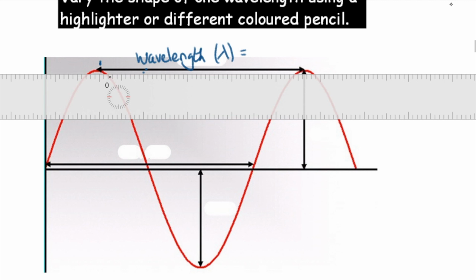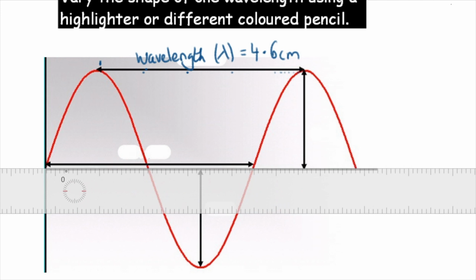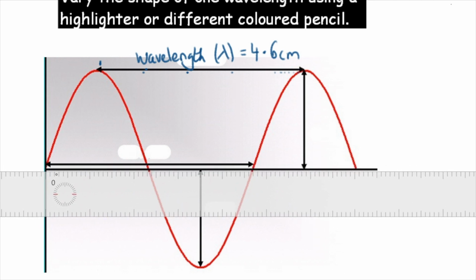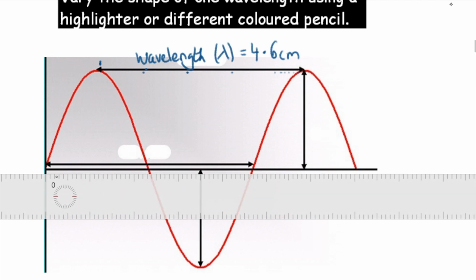That's 1 centimeter, 2 centimeters, 3 centimeters, 4 centimeters, 4.1, 2, 3, 4, 5, 6. 4.6 centimeters. In your booklets, you'll have a different reading. But what you'll notice is, if you do the same down here, and we make the same measurements, it should also be 4.6. Let's just do that.